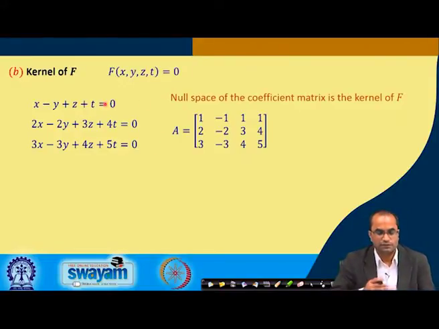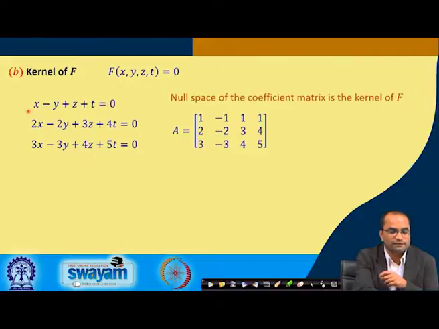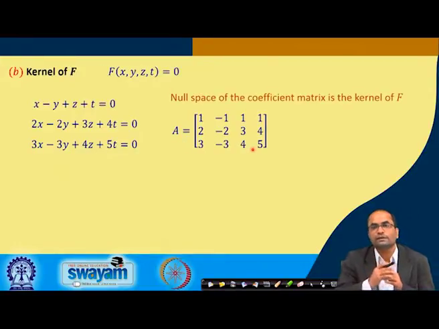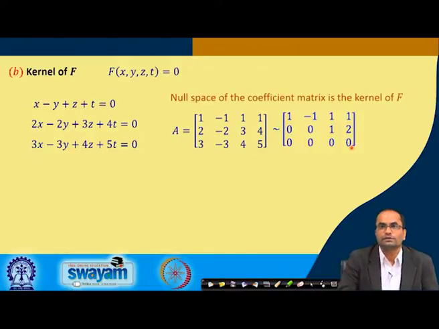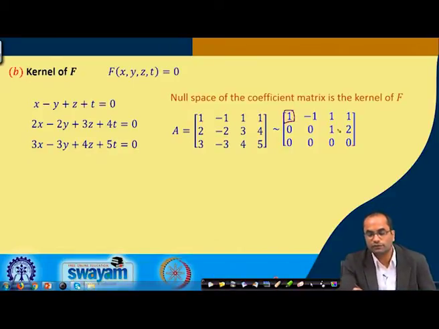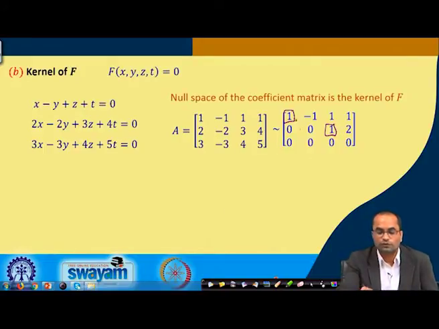So, let us put this in matrix form. The coefficient matrix is 1, minus 1, 1, 1; 2, minus 2, 3, 4; and 3, minus 3, 4, 5. Again we need to convert it into the reduced echelon form, which we have done just before, and now we can easily find it, because this is a pivot and this is a pivot. These correspond to x and z.